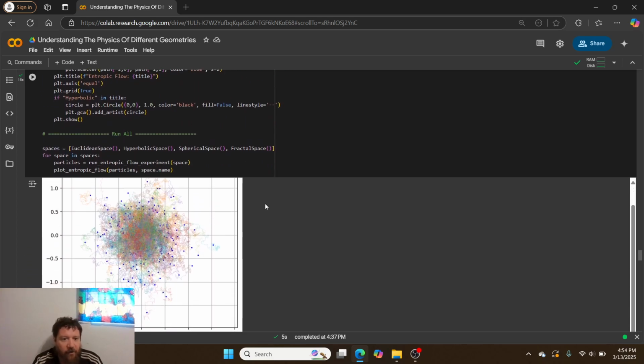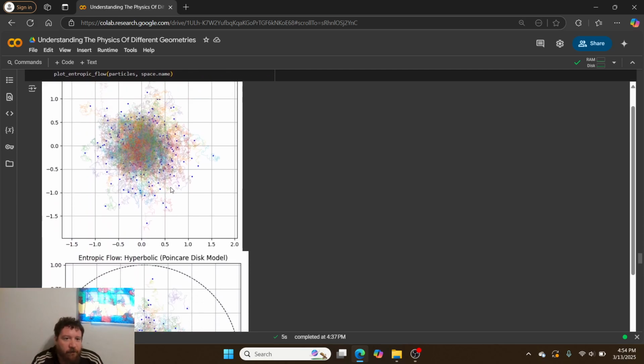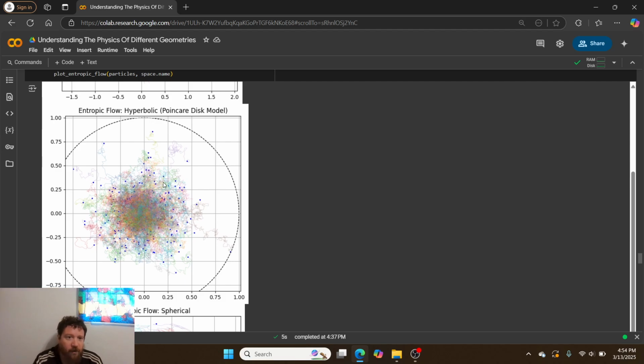Here's our entropy flow for Euclidean space compared to hyperbolic.